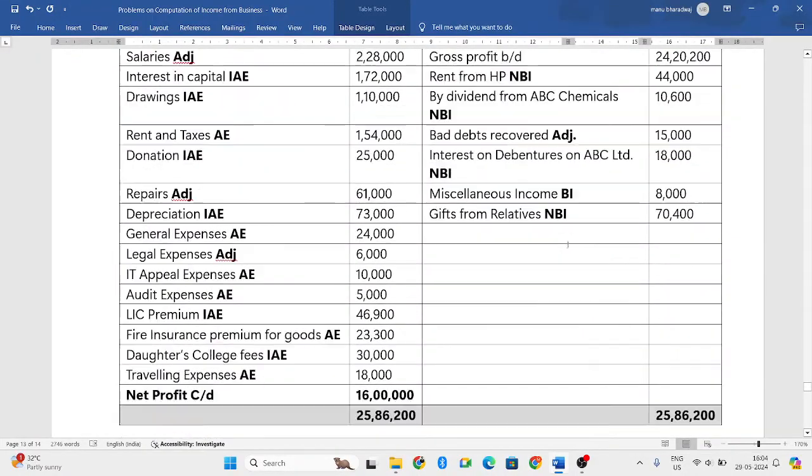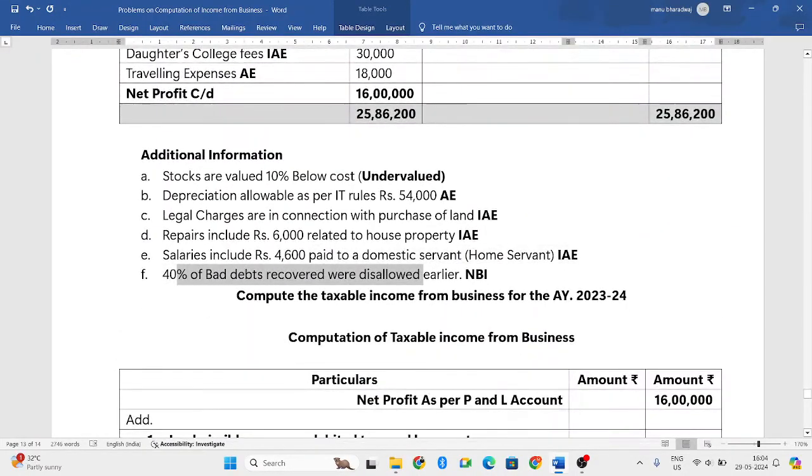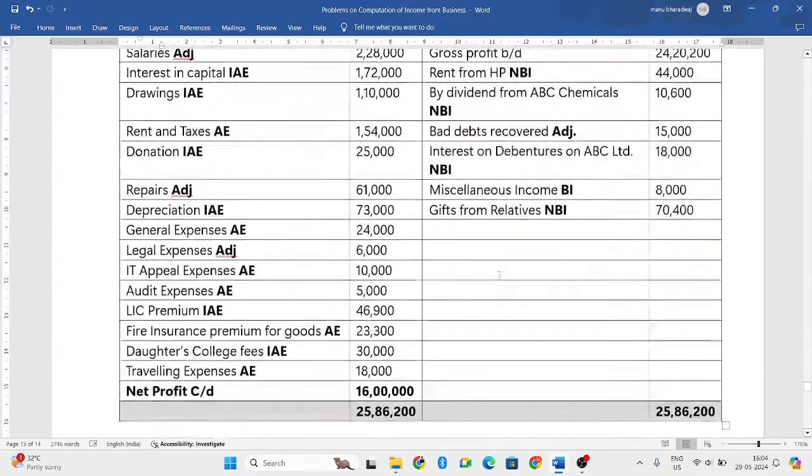Next, bad debts, we have an adjustment. As I told you, 40% of the bad debts were disallowed earlier.